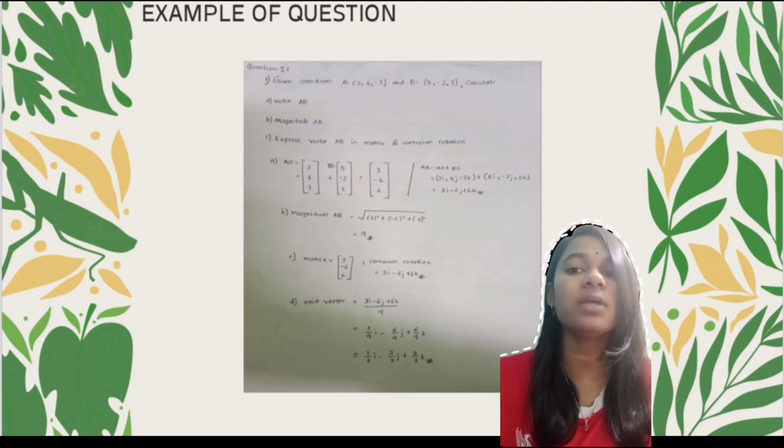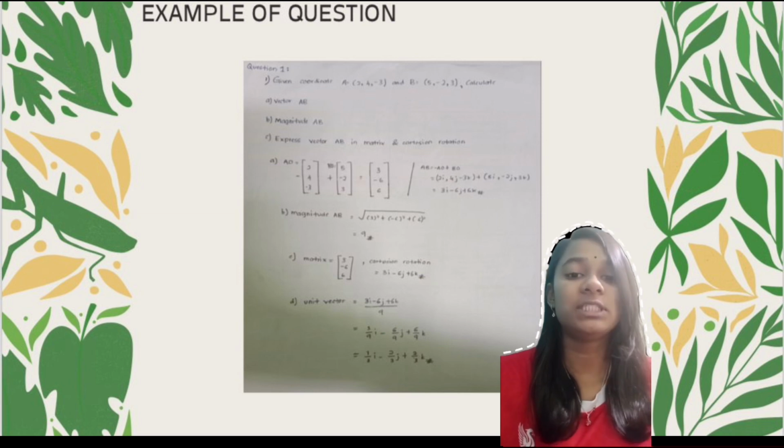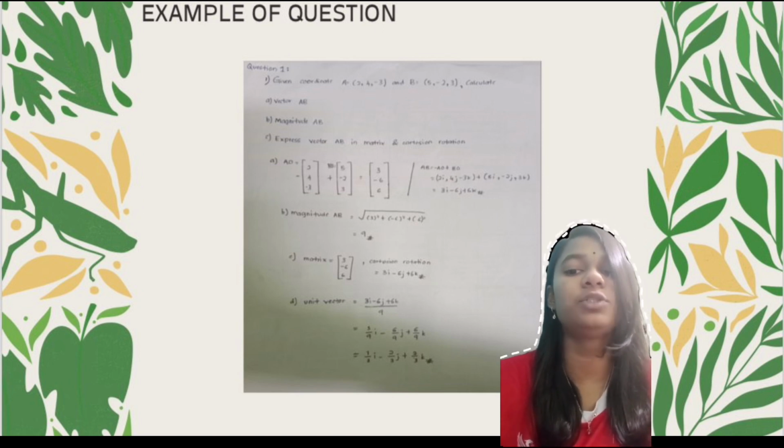For matrix form, 3, negative 6 and 6. For Cartesian notation, we write 3i negative 6j plus 6k. The unit vector is found by 3i negative 6j plus 6k divided by 9. So we get 1 over 3 i negative 2 over 3 j plus 2 over 3 k.